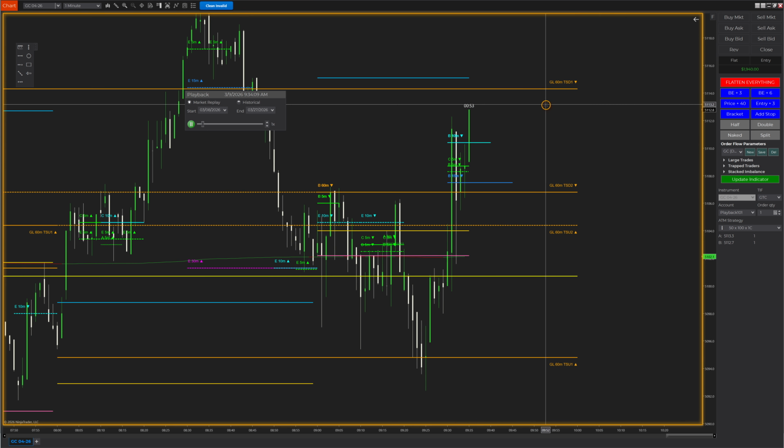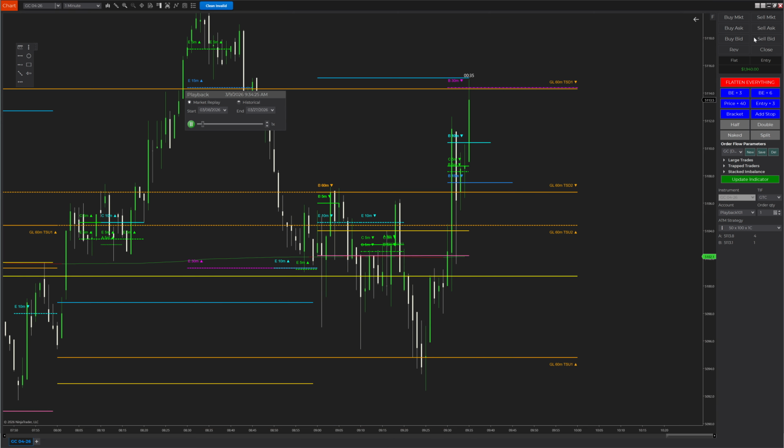Oh, there's a trend start down up here. There's also the value area high. Let's see, maybe we've got other plans. 30-minute, trend start down.